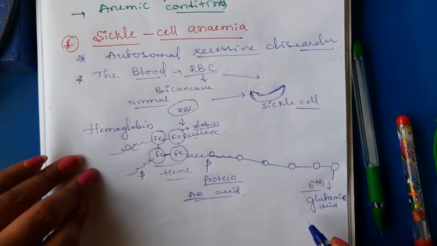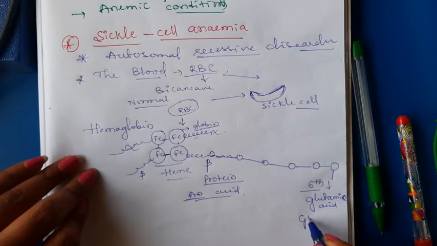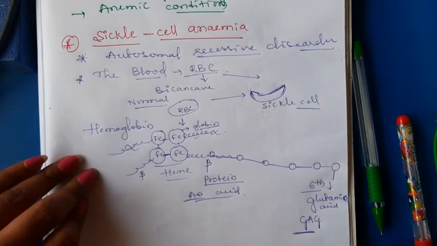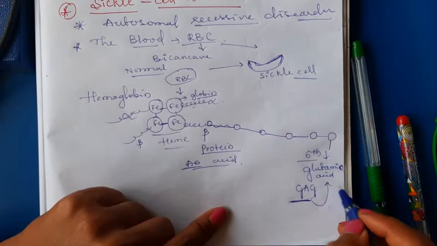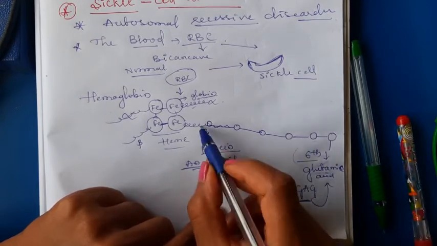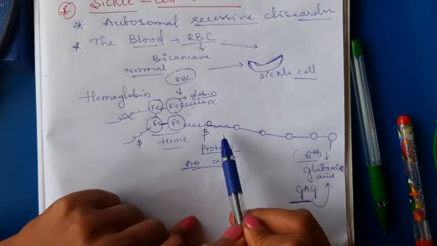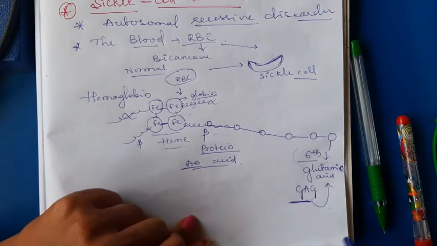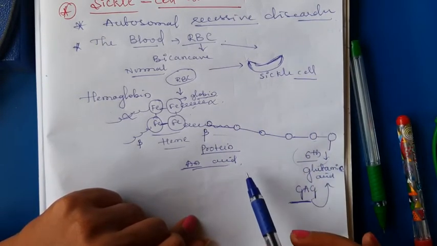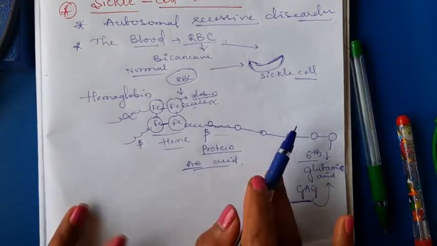It has the GAG condition. GAG is the codon which codes for glutamic acid in the 6th position of the globin polypeptide chain. This is the normal condition of a hemoglobin.